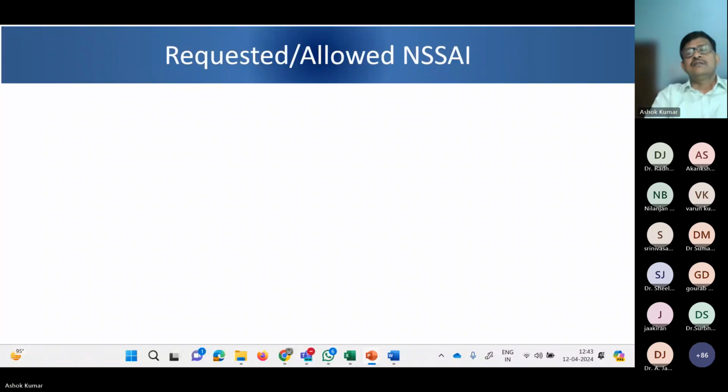Right. Now there is a concept of requested and allowed. The UE would be requesting a list of slices during registration, right? So one is the request, and the other is the list of slices which is allowed to a user equipment.